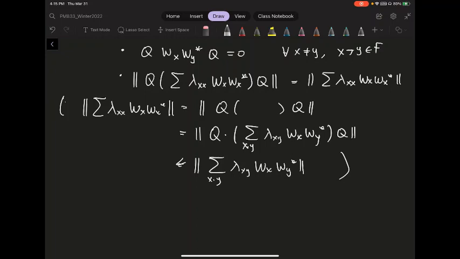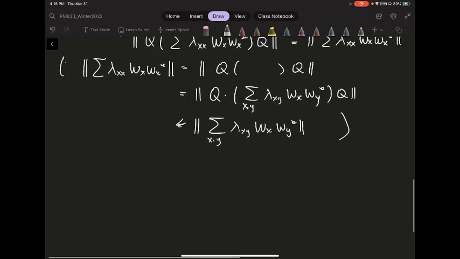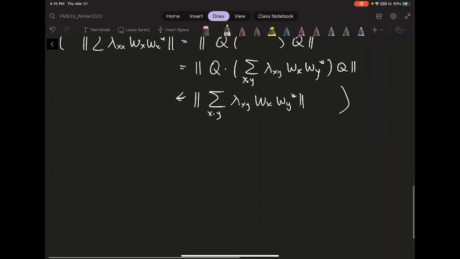Now it's just a matter of finding such a Q. It's a rather technical proof, so I'll just give you a brief idea. We first estimate the norm of an element like these lambda_xx W_x W_x star in the representation of the diagonal algebra.